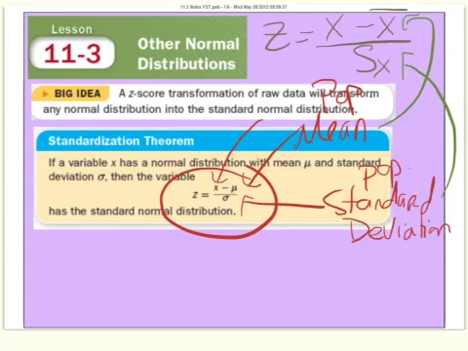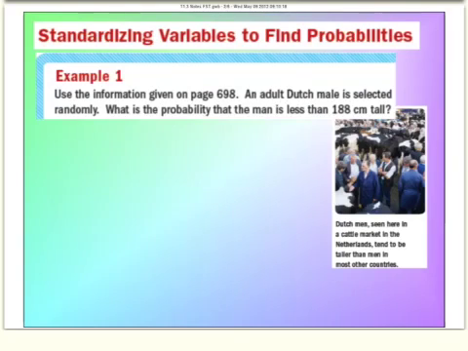We're going to plot it on the standard normal curve and then use that table of data to find the probability under the curve. Now in this example it says use the information given on page 698. What they tell you is they say mu, again that's population mean, is 183 centimeters of an adult Dutch male. And this is sigma, or standard deviation of the population, is 6.7 centimeters.